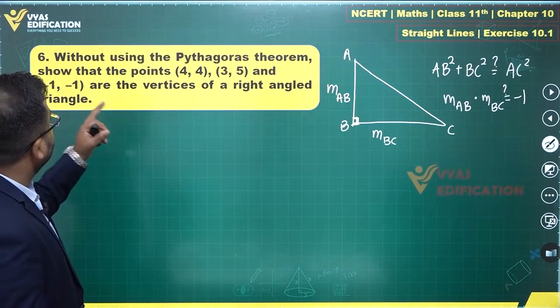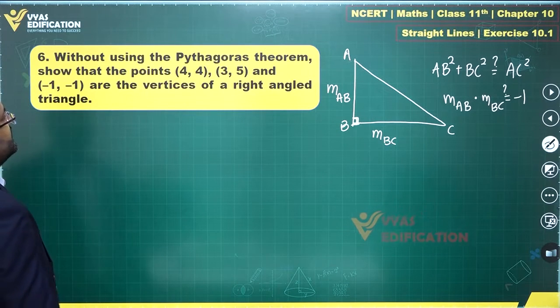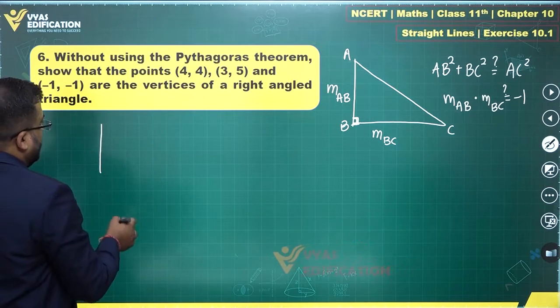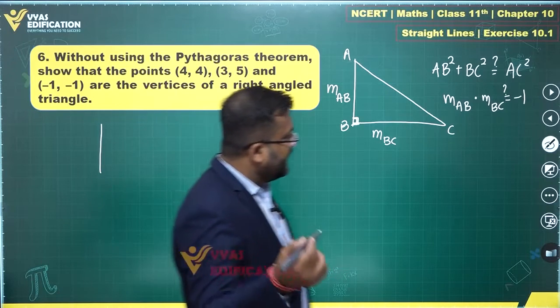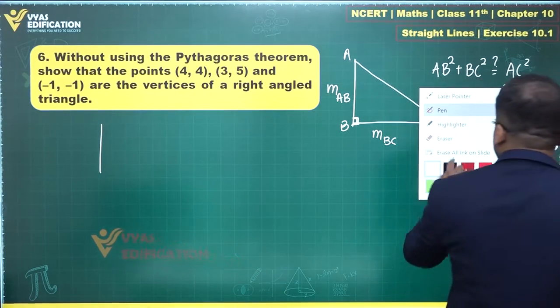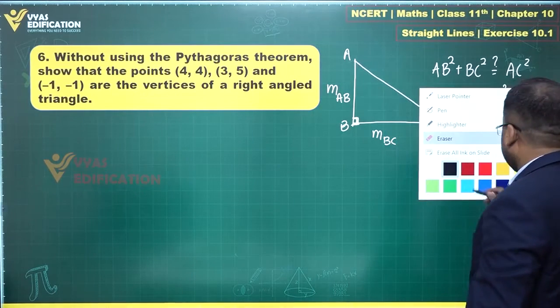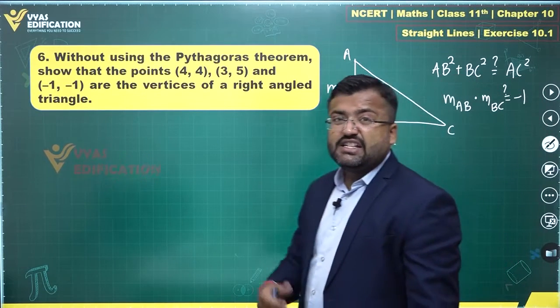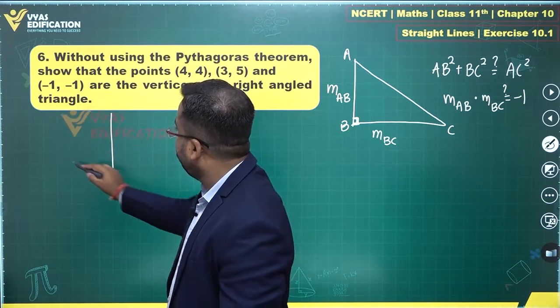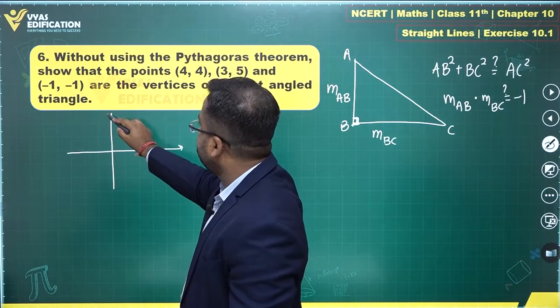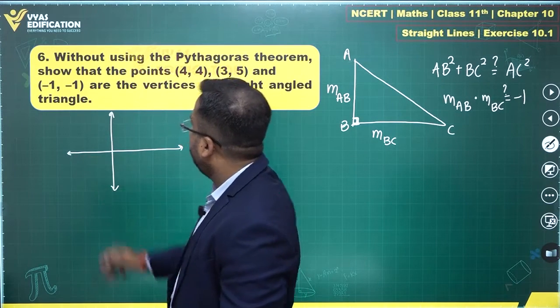So without using the Pythagoras theorem, show that the points are the vertices of a right angle triangle. I don't know which angle will be 90 degrees, so I'll have to find the slope of all the possible lines. Let's mark the points first on the Cartesian plane and see where they lie.